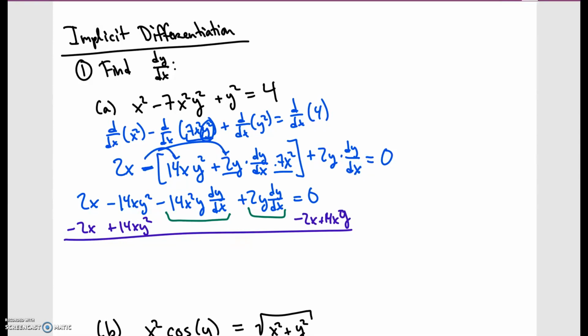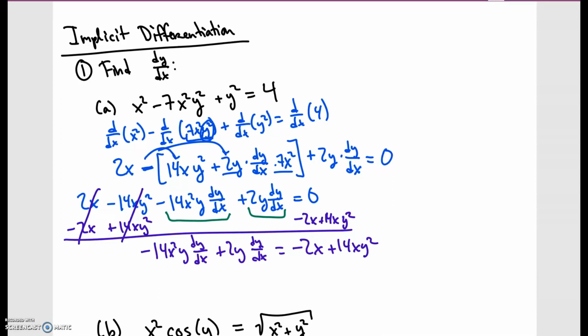So this is going to go away, this is going to go away. I'm left with minus 14x squared y dy over dx plus 2y dy over dx is equal to minus 2x plus 14x y squared.